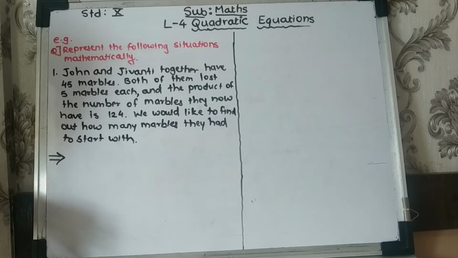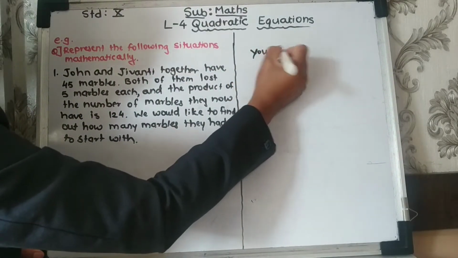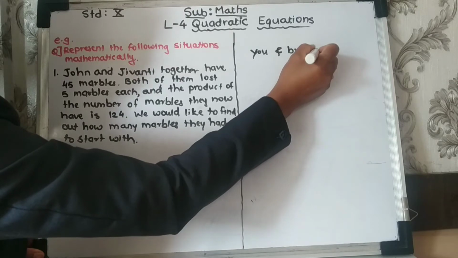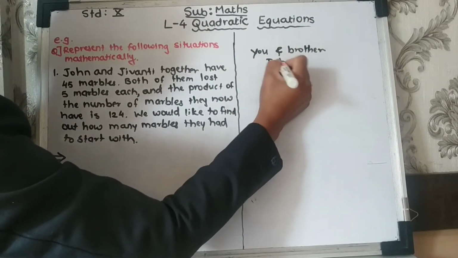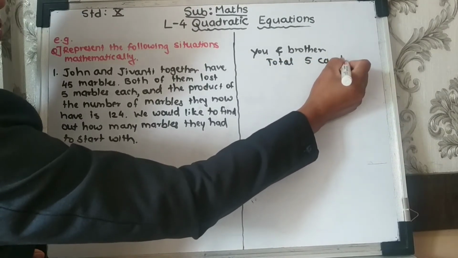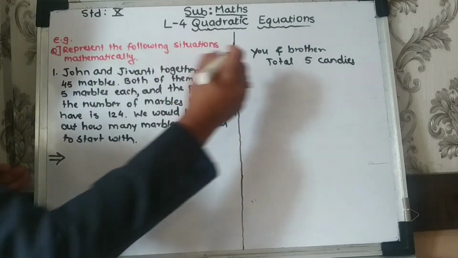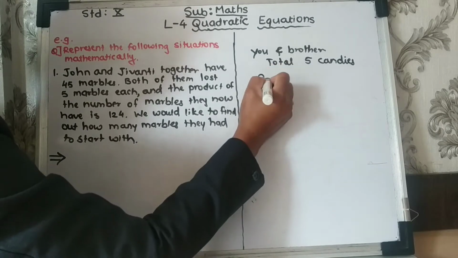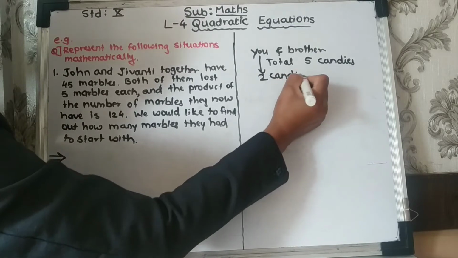Before moving towards this, I'll give you a general example. Suppose you and your brother have a total of 5 candies. Out of that, 2 candies belong to you.